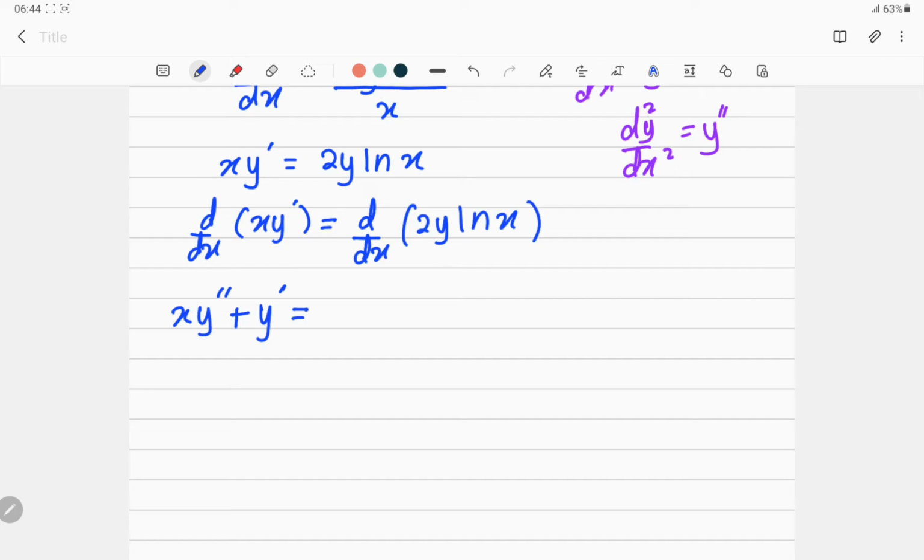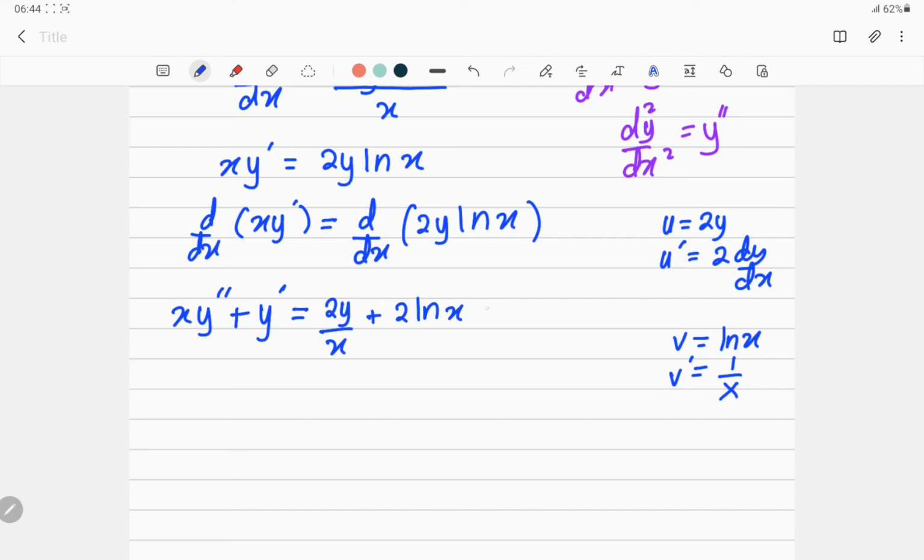Let u equal 2y, so I get 2 dy/dx, and v equal to ln x, v prime is 1 over x. Using the product rule, uv prime plus vu prime, we get 2y over x plus 2 ln x dy/dx.